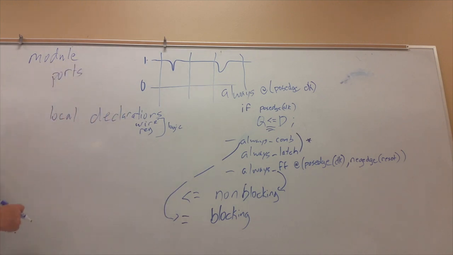Let me specify why these problems come up. So imagine for a sec, and this is not necessarily the best thing to do, but imagine I had a module and I created a combinational logic piece in here.